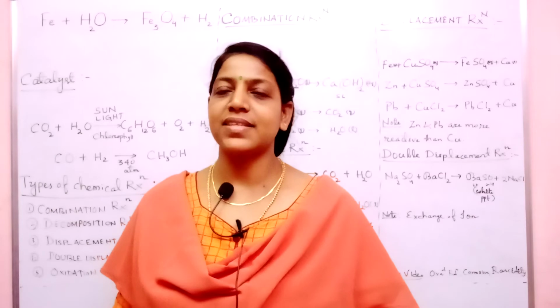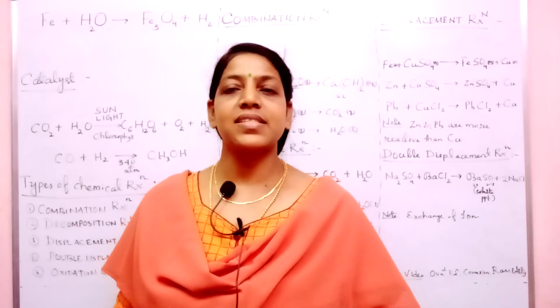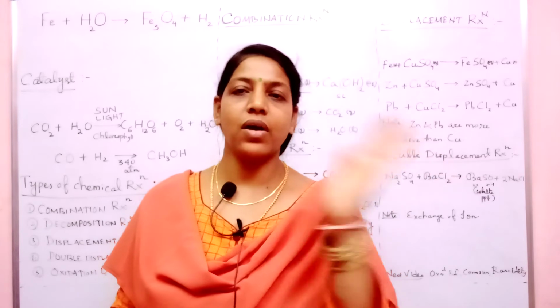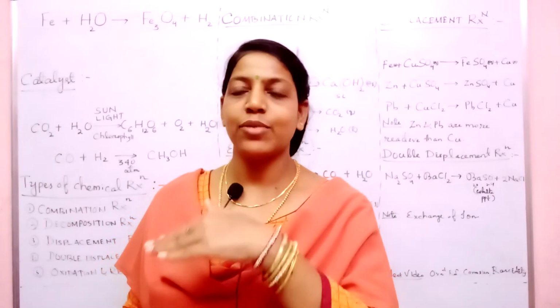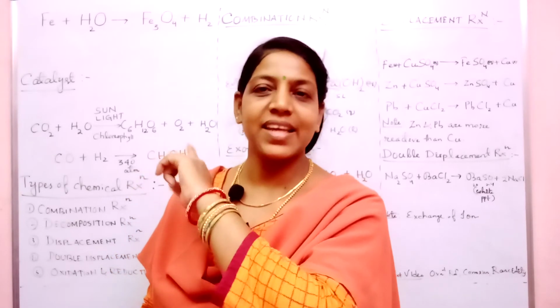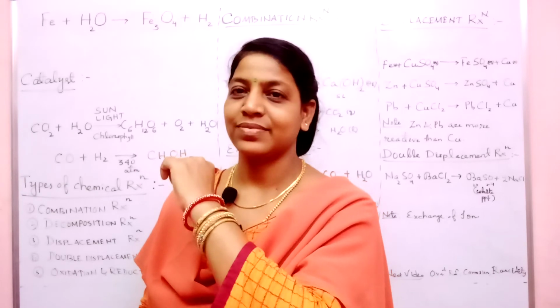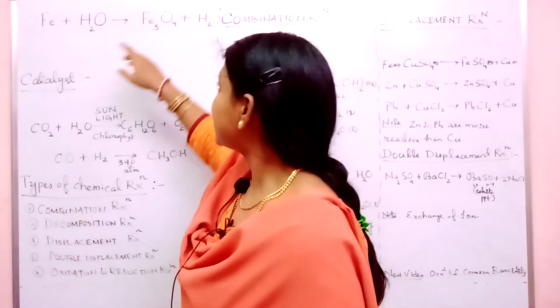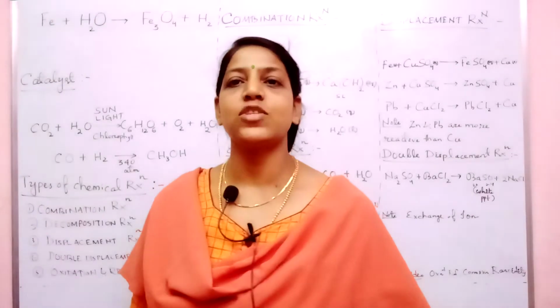Step 1 is, first you should check which element is present in more number, either on the reactant side or the product side. Which element has more atoms here? It is your product side oxygen, that is O4.